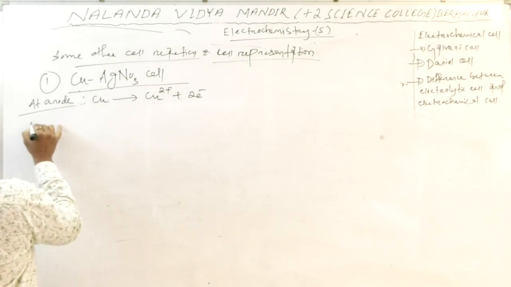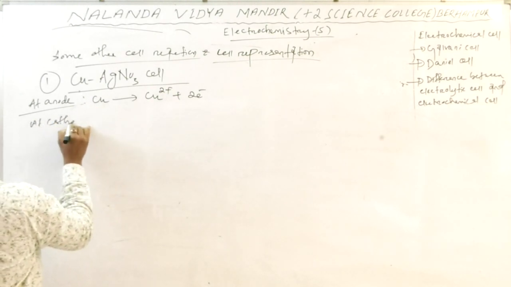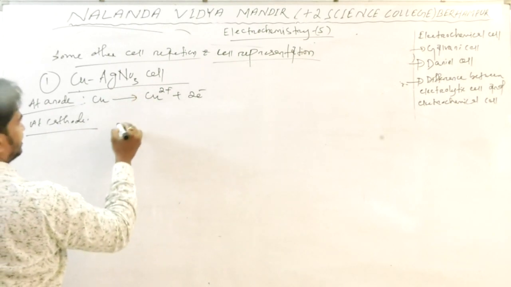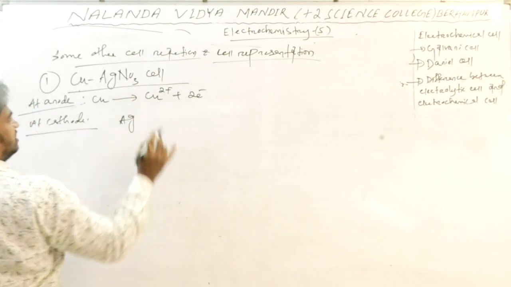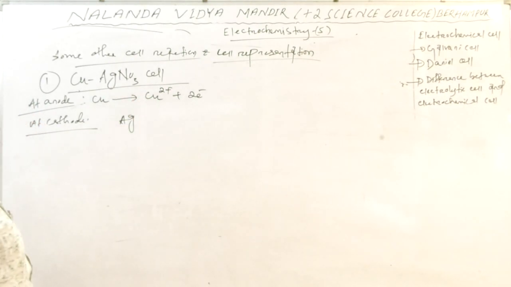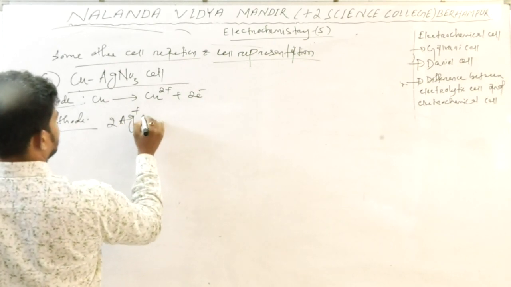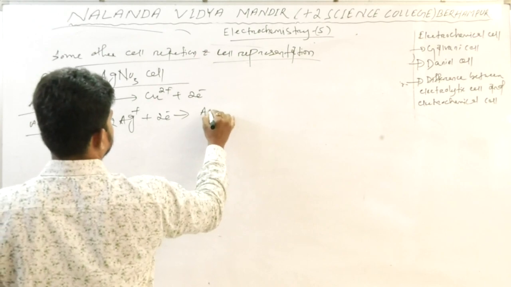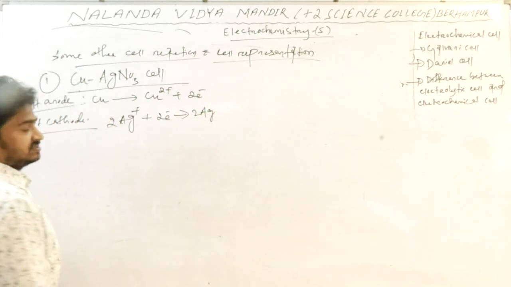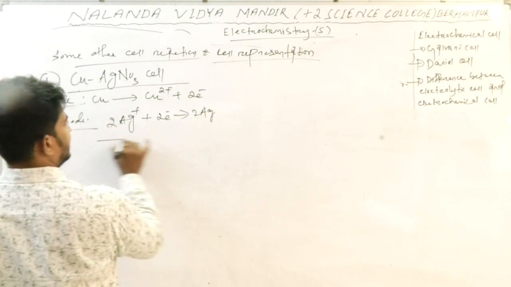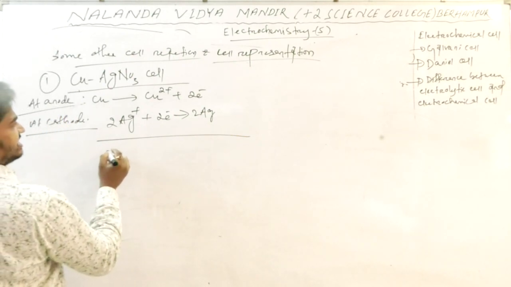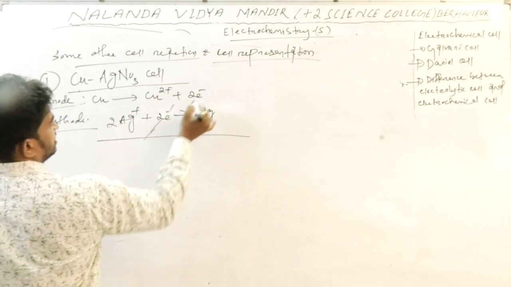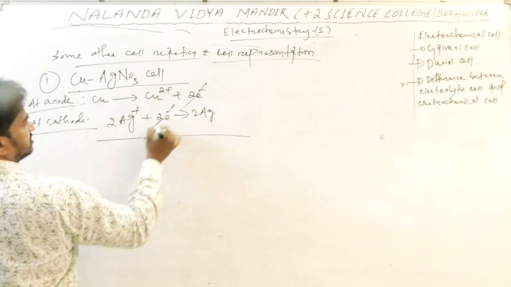Similarly at the cathode, silver accepts electrons. So 2 silver plus with accepting 2 electrons will give 2 silver. So what will be the net reaction? The net reaction is obtained by canceling out the 2 electrons from both sides.